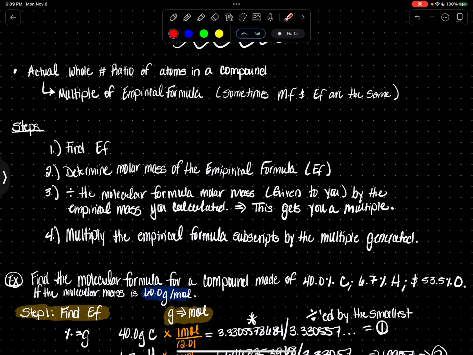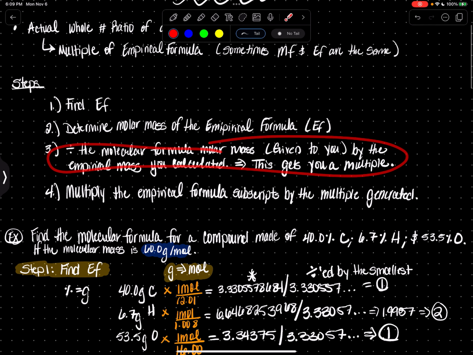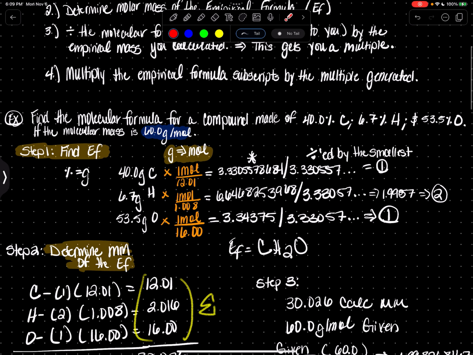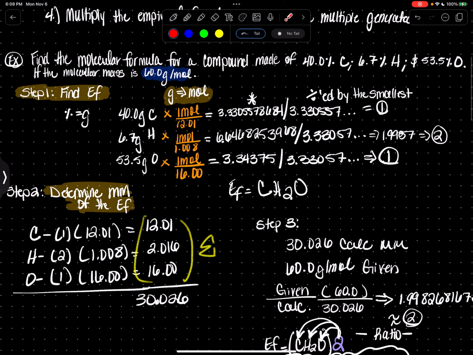And to find that, you have to determine your molar mass of the empirical formula and divide what's given by what you calculate, and then send that ratio through your entire empirical formula. So here we're doing step 1 of finding an empirical formula, percent to grams, check, grams to moles. We've done that. Divide by the smallest, round to the whole.